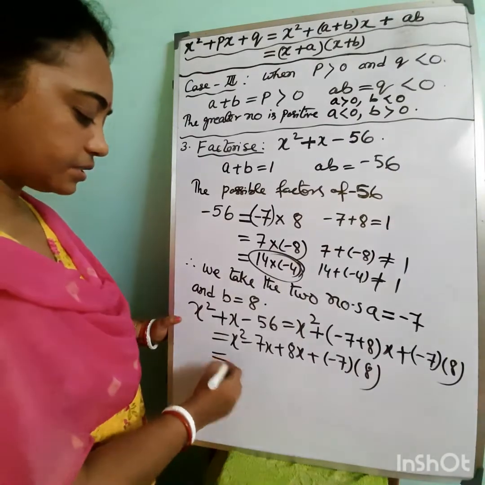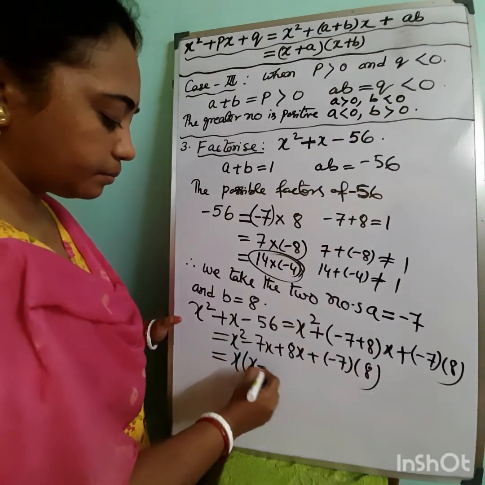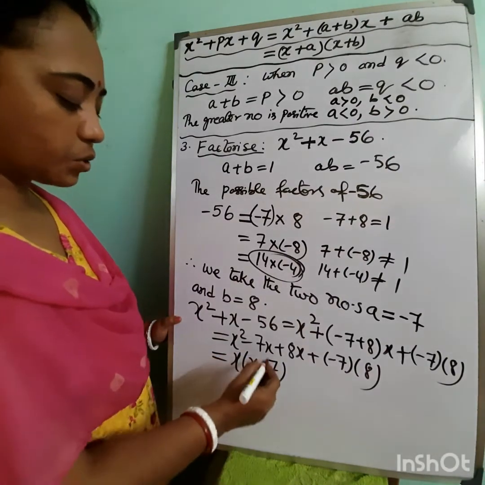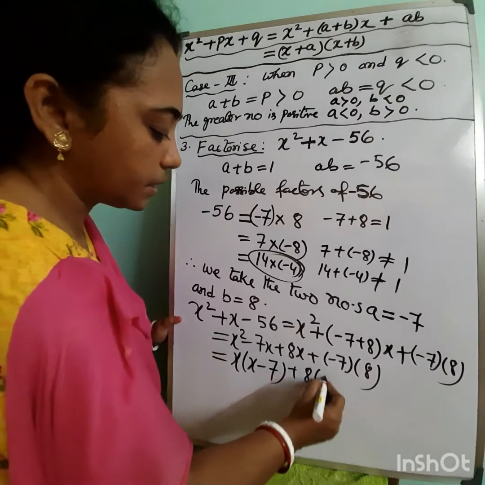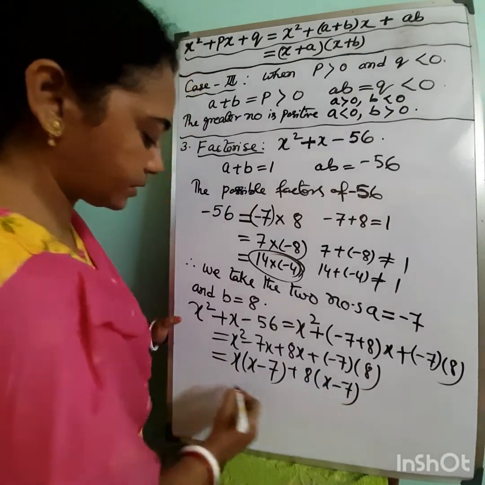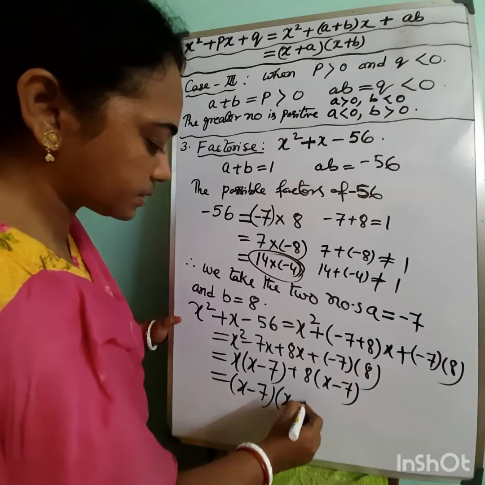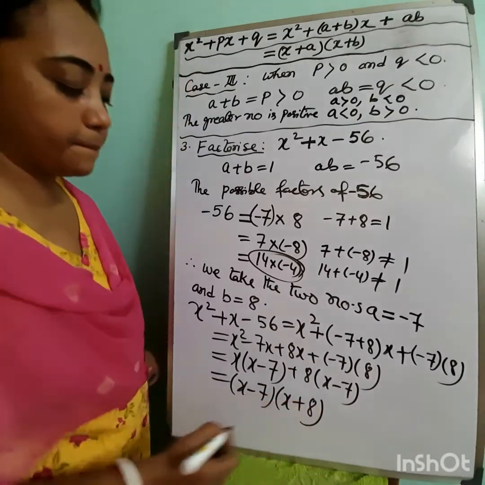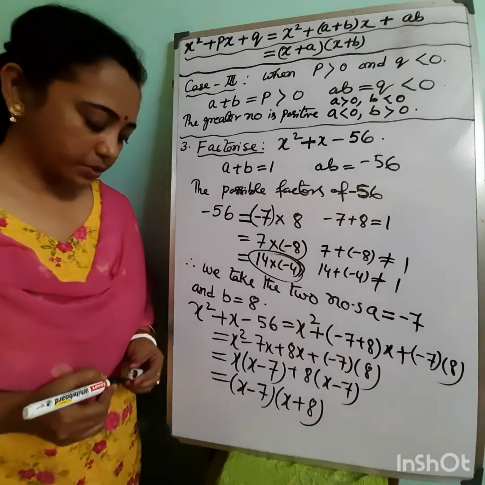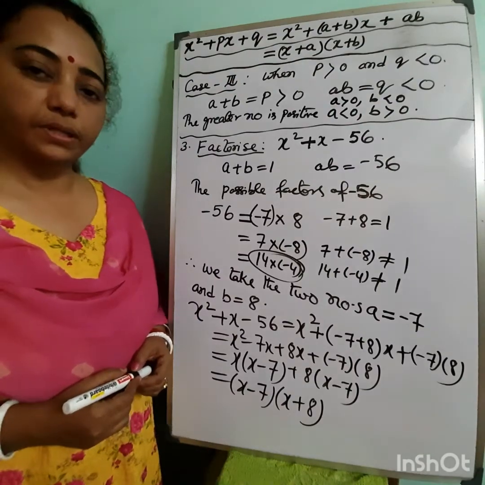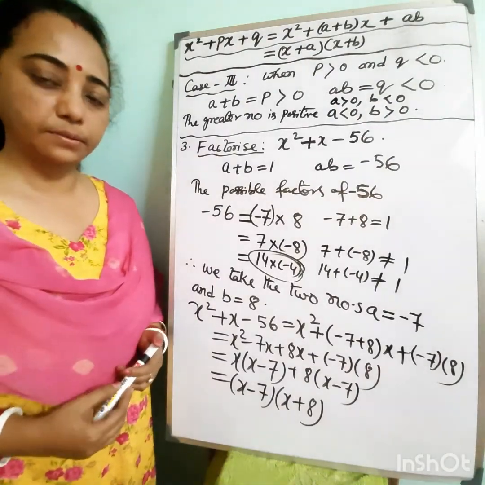So we can write here x minus 7, if you take x common, then plus 8 x minus 7. So this becomes x minus 7 multiplied by x plus 8. So these are the two factors of the given expression x square plus x minus 56.